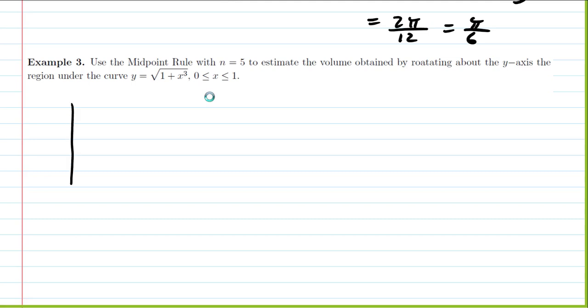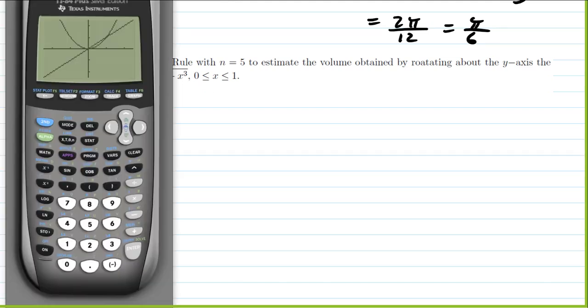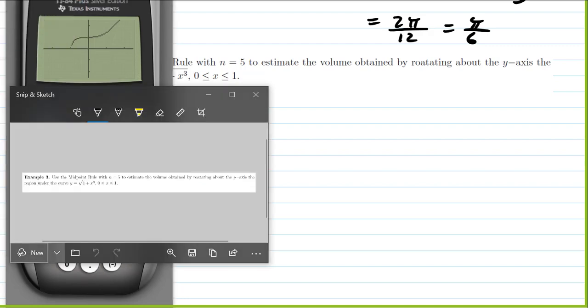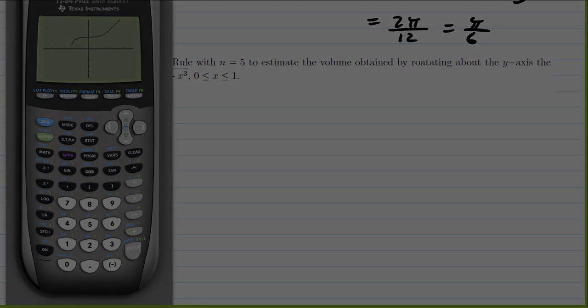So let's go ahead and draw our picture. We have the square root of 1 plus x cubed. We graph, and we get something that looks like that, and we're only worried about the values between 0 and 1.